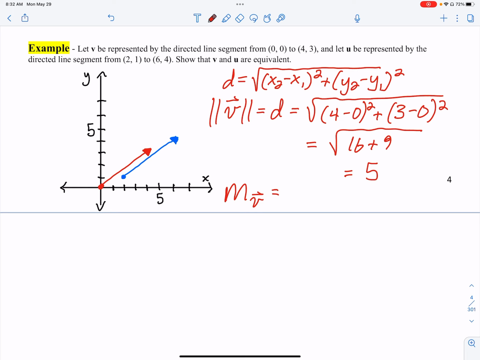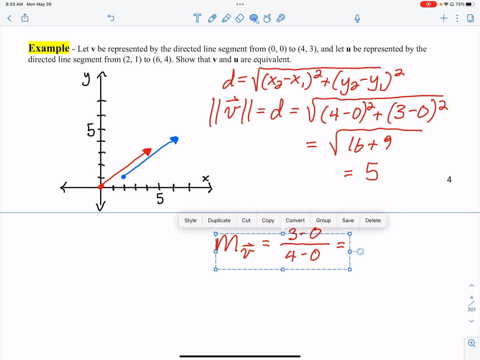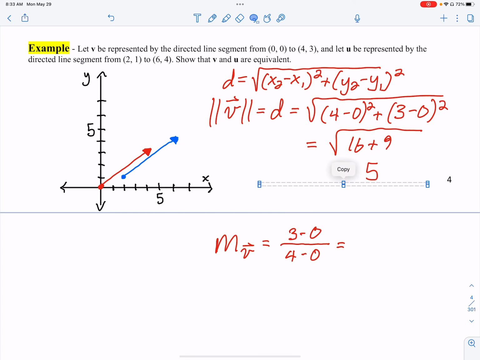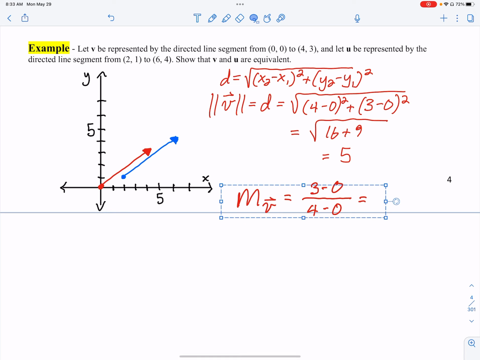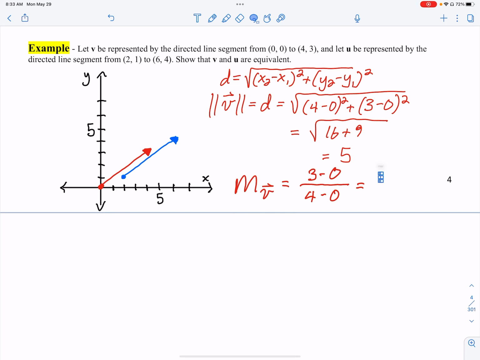So remember, to find the slope, we subtract our y's on top, subtract our x's on bottom. So the slope of this is 3/4.